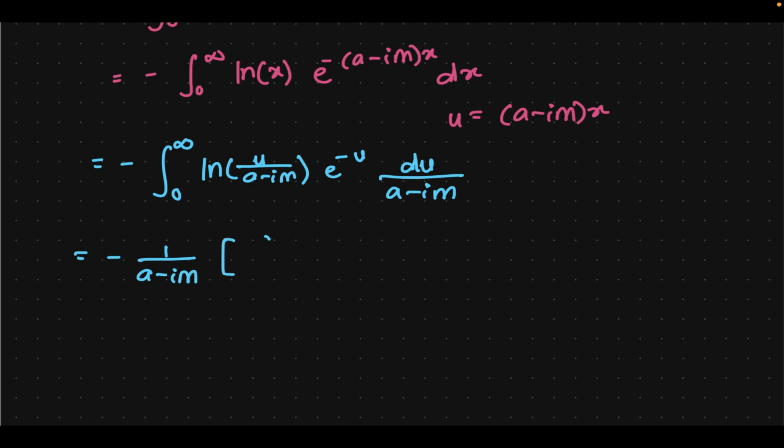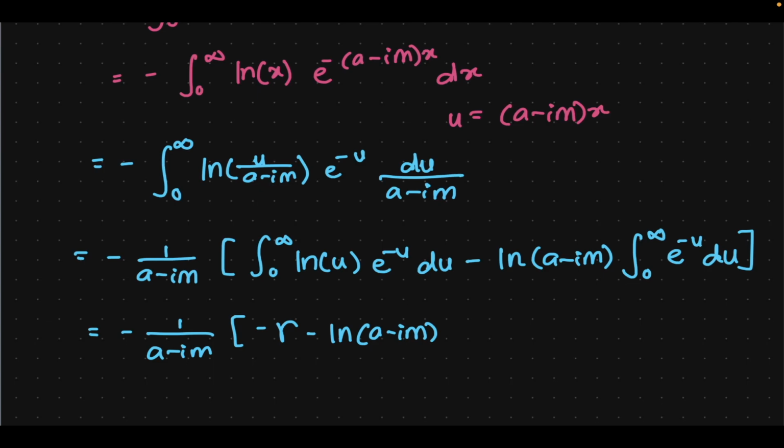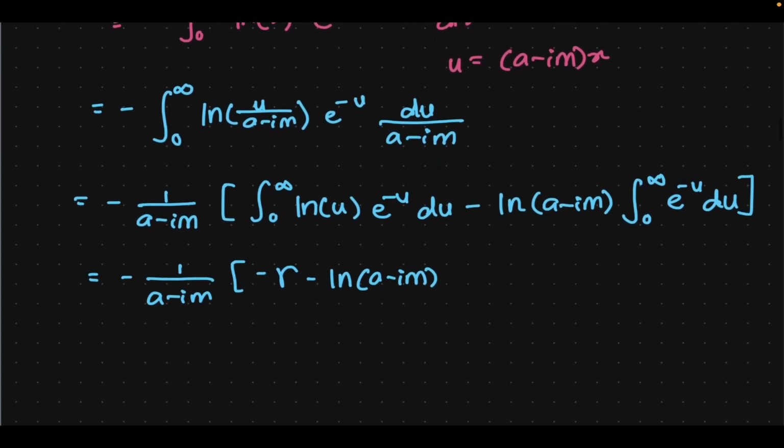Then I have the integral from 0 to infinity, using the natural log properties, of natural log of u e to the minus u du, minus natural log of (a minus im) times the integral from 0 to infinity of e to the minus u du. This is pretty interesting, because the first integral is actually digamma of 1, or minus the Euler-Mascheroni constant. This is minus natural log of (a minus im), and this is gamma of 1, which will be 1 again.